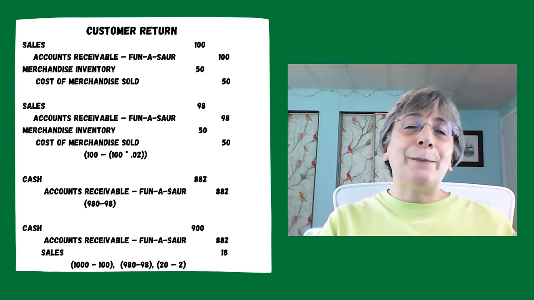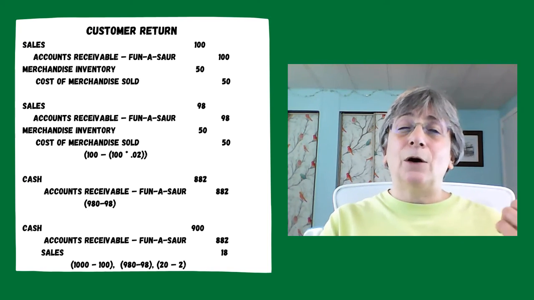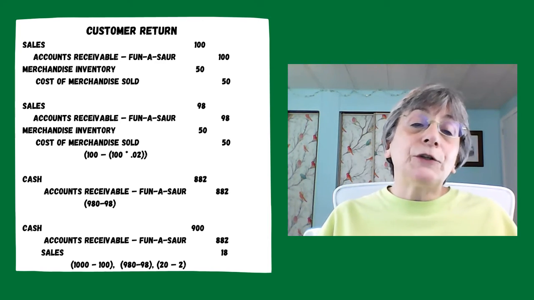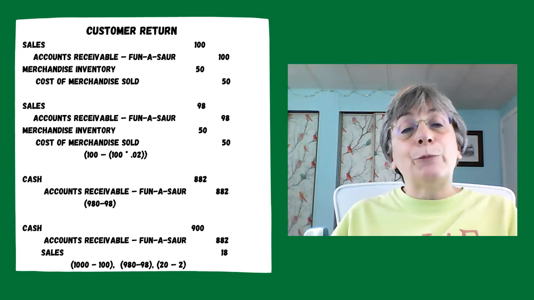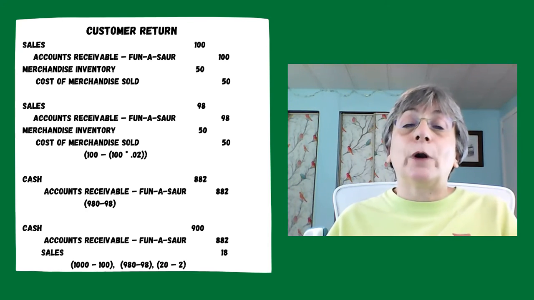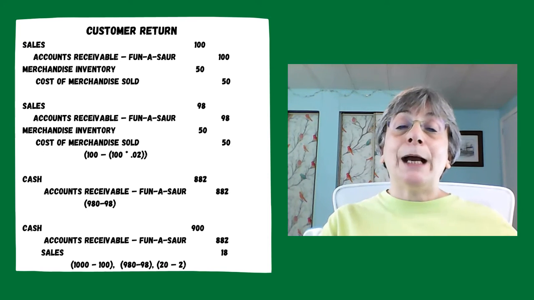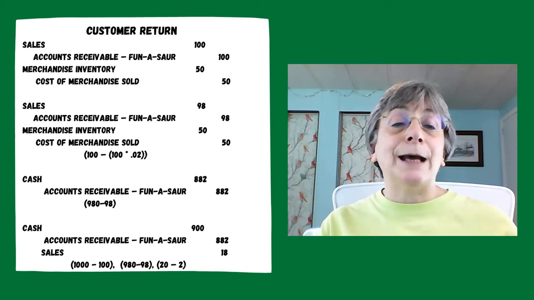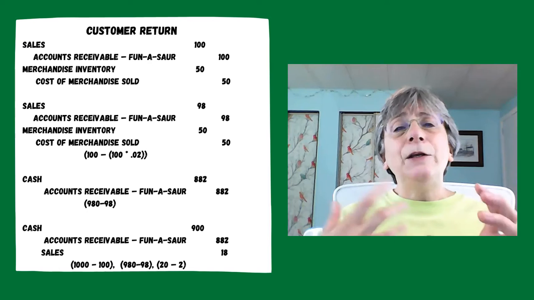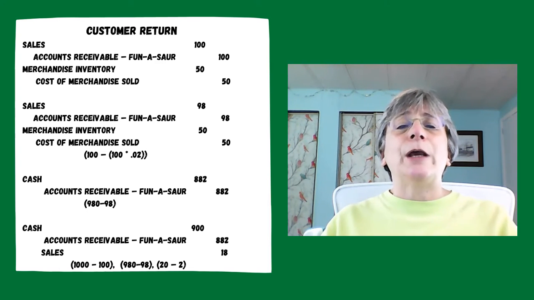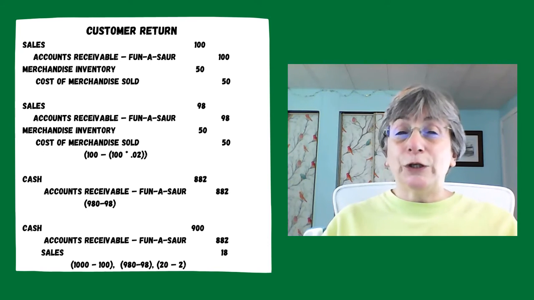So we're going to debit our sales account, our revenue, by $100 to decrease it. And we want to decrease our accounts receivable by that amount for Funosaur because they no longer owe us that amount. And we're going to put this merchandise back into our inventory, so we are debiting merchandise inventory, and the expense related to that sale is now going to be decreased because we have the merchandise back.